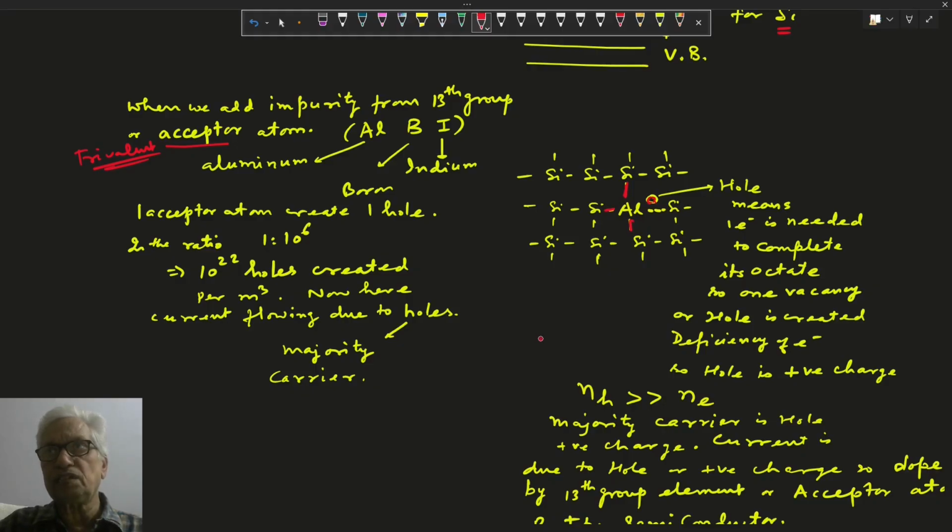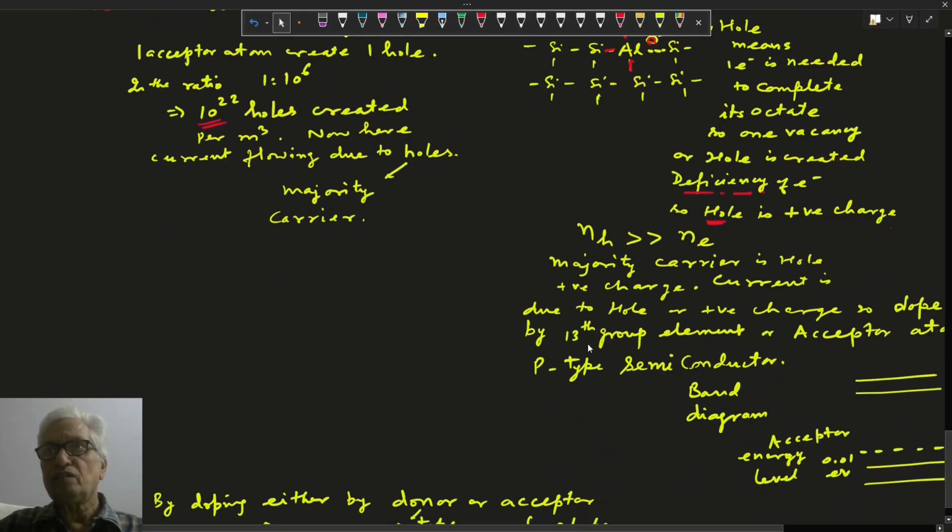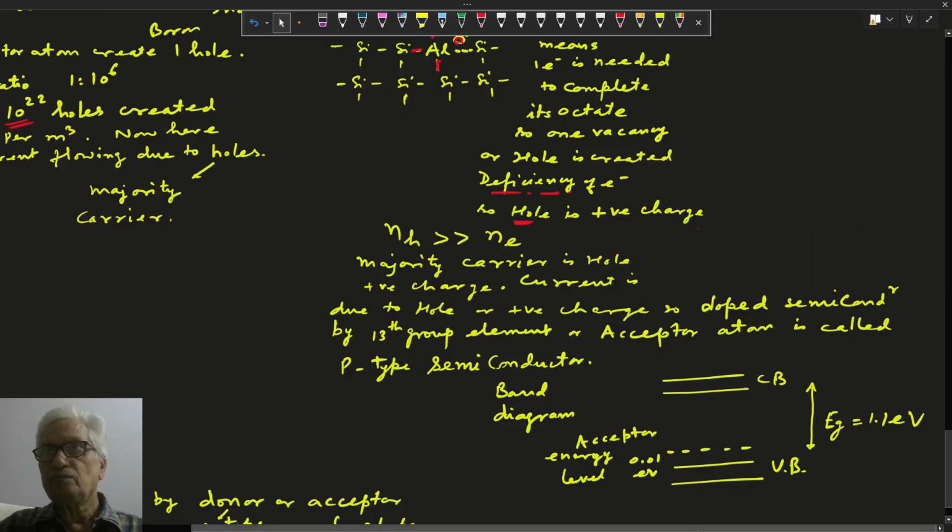Hole means 1 electron is required here to complete the octet. It is a deficiency of electron, a positive charge. The number of holes is much more than the number of free electrons, so the majority carrier is hole. We get current because of the doped holes, positive charge. So a semiconductor doped from the 13th group, by acceptor atom or trivalent impurity atom, is called p-type semiconductor.